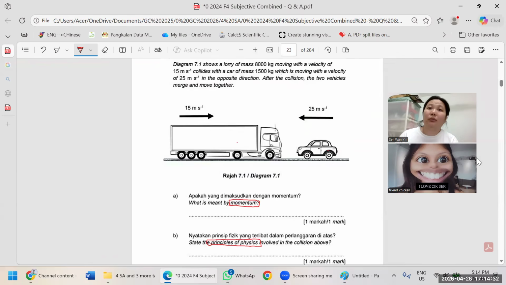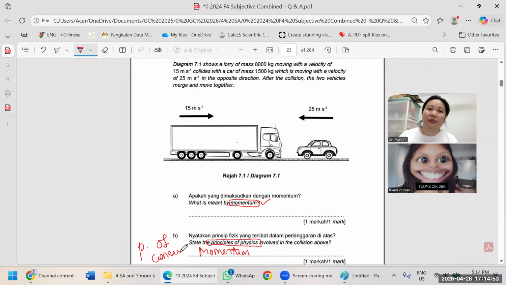I consider all of you know what momentum is already, but what is the physics principle? Can I just write momentum? You must write the full name. Yes, thank you. You should write the principle of conservation of momentum.